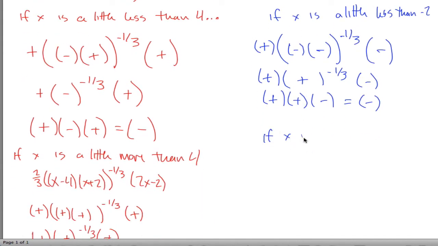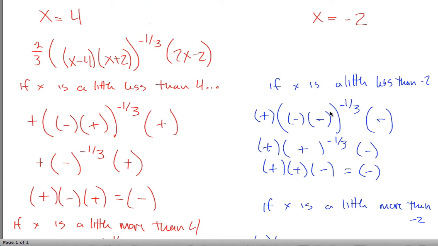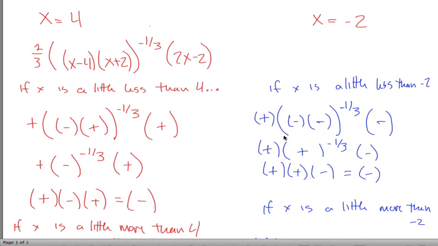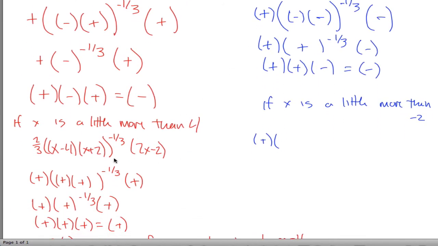If x is a little more than negative 2, same analysis, 2/3 is a positive number. A little bit more than negative 2, so now I'm thinking negative 1.999. This is still negative.